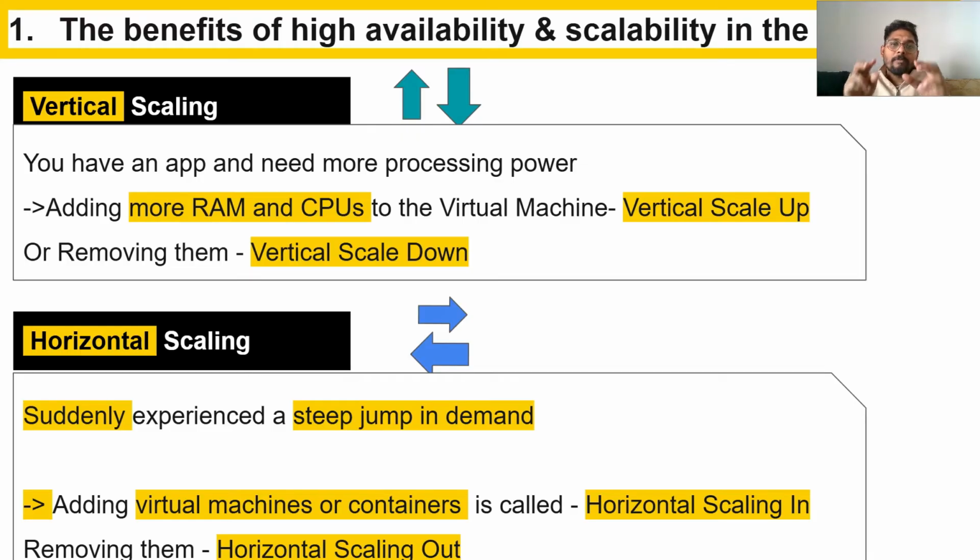When I'm working on the component level but the virtual machine remains the same, I'm adding more power to it, I call it scaling up. On component level I'm scaling up. When I need one more entire virtual machine, which has many components, two more like that, three more like that to meet my demand, that means I'm adding machines horizontally. So that is called horizontal scaling in, and when you remove them, horizontal scaling out.